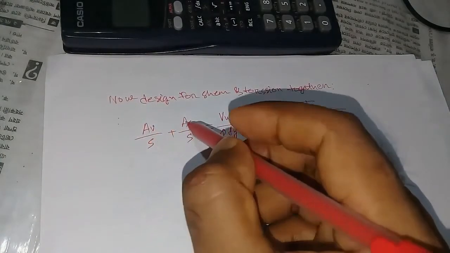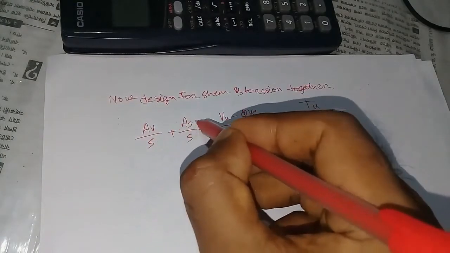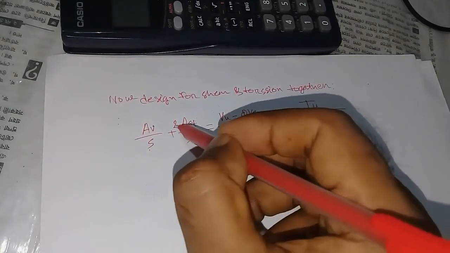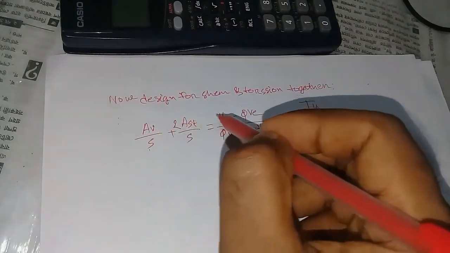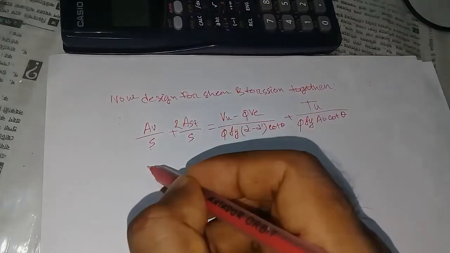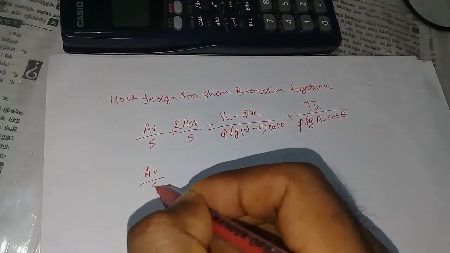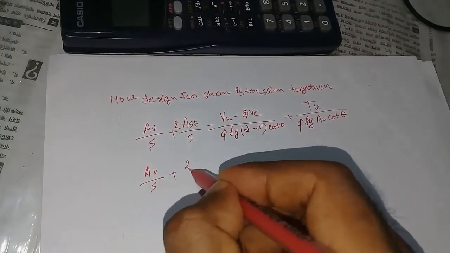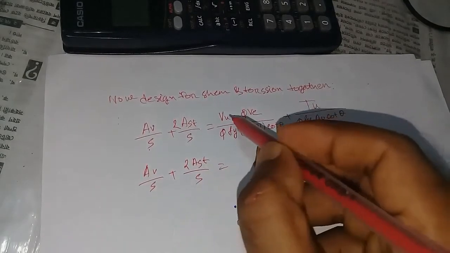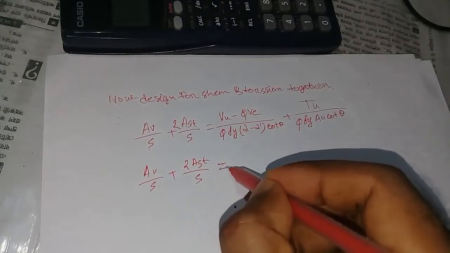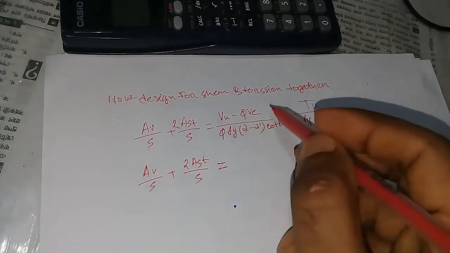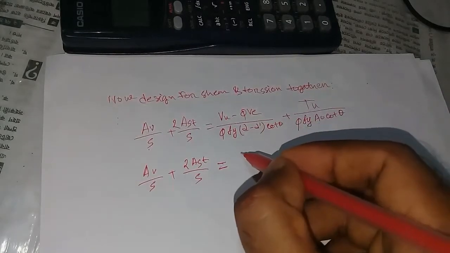Here Av is equal to 2Ast, so Av divided by s plus 2Ast divided by s equals, here we design for shear and torsion together, so phi Vc will be neglected.